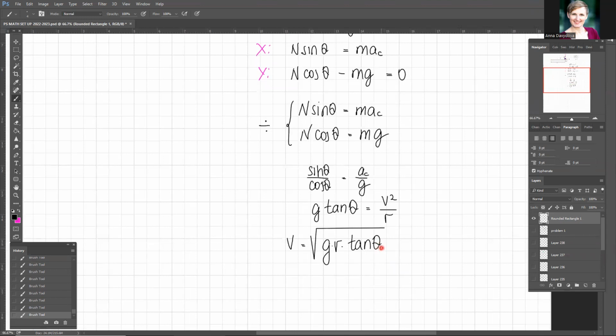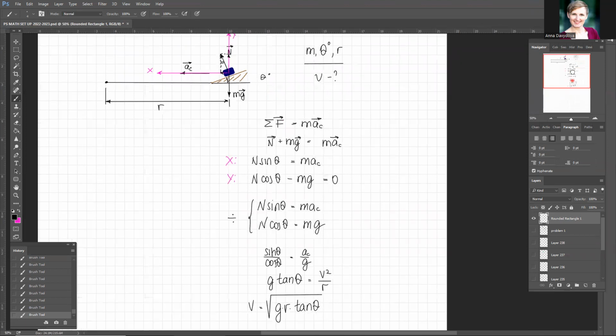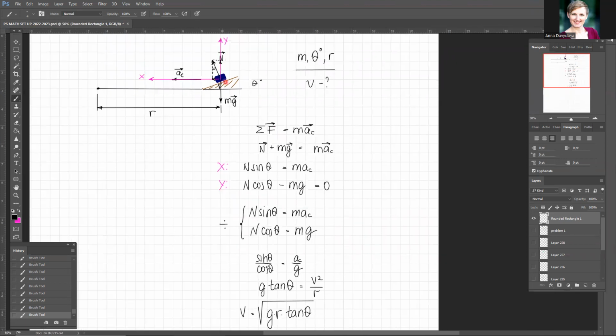Usually it's less than 10 degrees, and then you will be able to calculate V. And that's how we would solve the problem when the curve is frictionless. The next problem will be with friction, and the solution will be quite lengthy. So stay tuned.